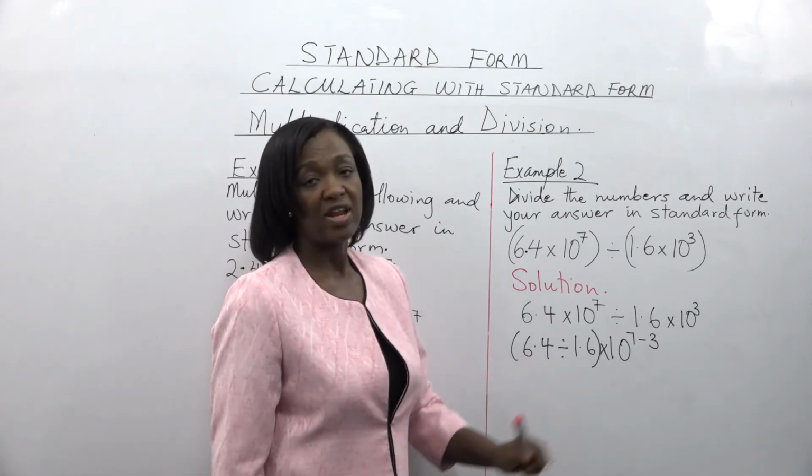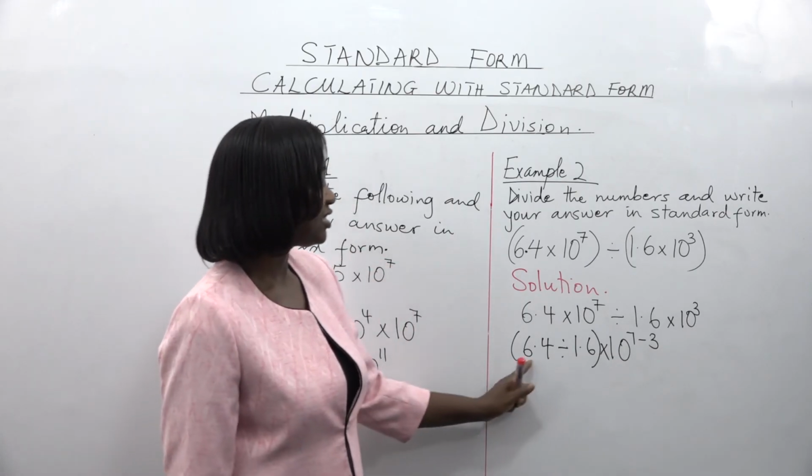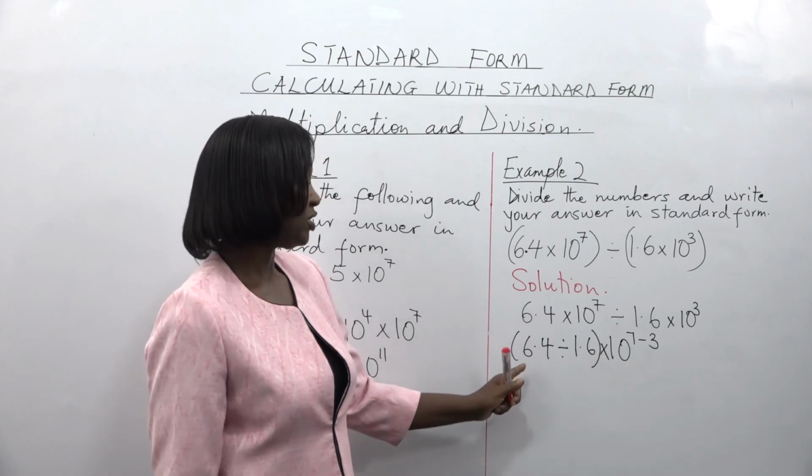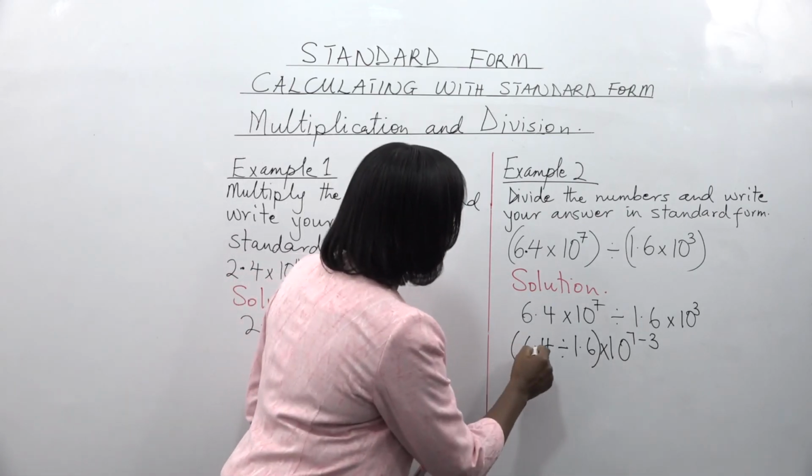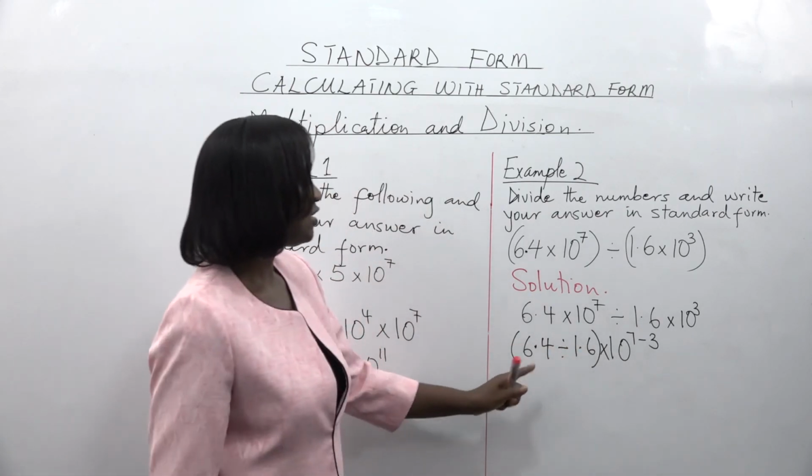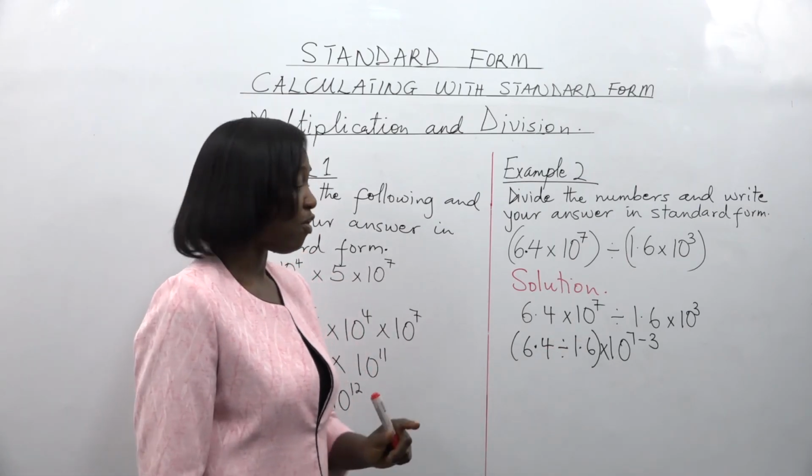And 6.4 divided by 1.6 is the same as 64 divided by 16, because both of them have just one place of decimal. And 64 divided by 16 is 4.